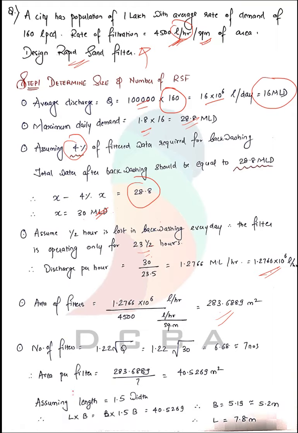So assuming length equal to 1.5 times width, so length into width is equal to 40.5269. So what can we substitute here? 1.5 times width into width is equal to 40.5269. So you get width as 5.2 meters and length as 7.8 meters when you solve it properly.